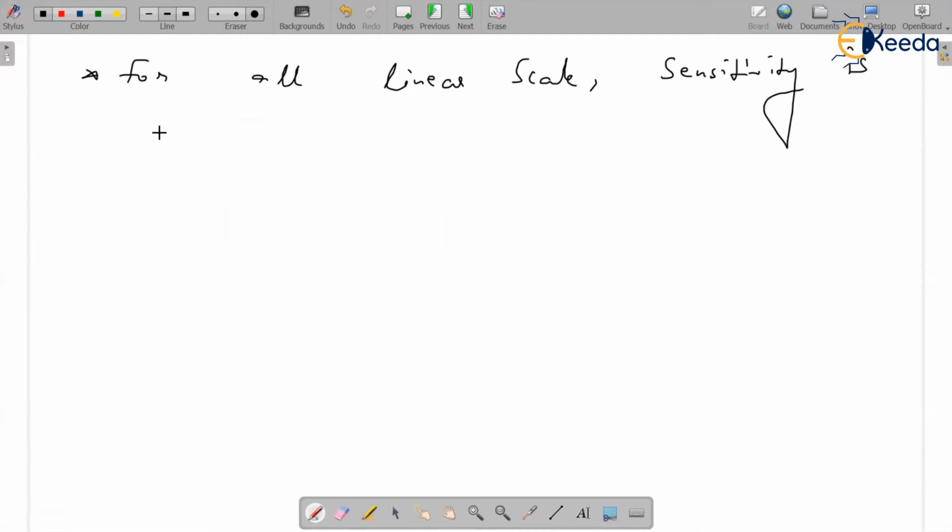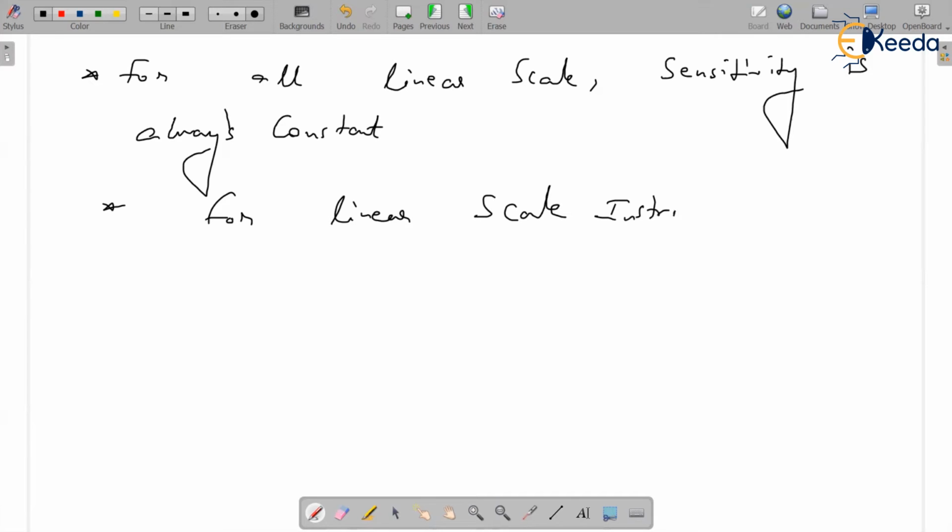For a linear scale instrument, S is equal to tan theta, which is 1, since theta is equal to 45 degrees.